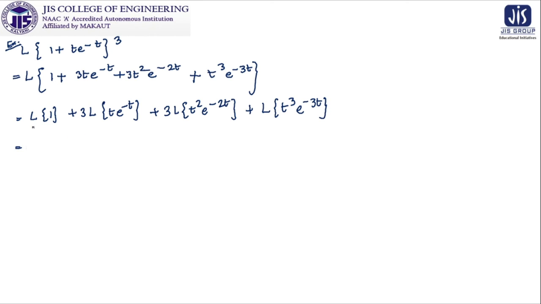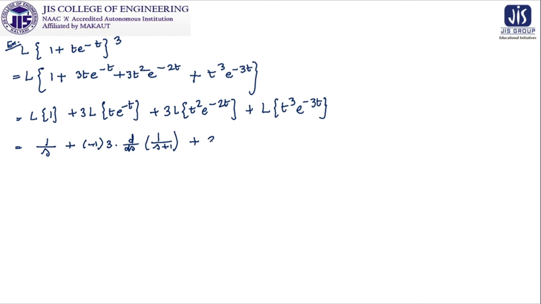After breaking it up, we can write the Laplace transform of the individual terms. It is 1 by s, then plus, as it is multiplied by t, we get a minus 1 over here, then 3, then d/ds of e to the power minus t, that is 1 by s plus 1.